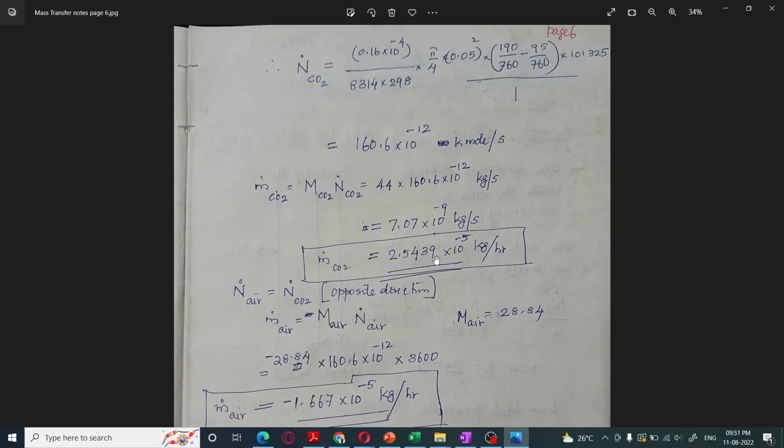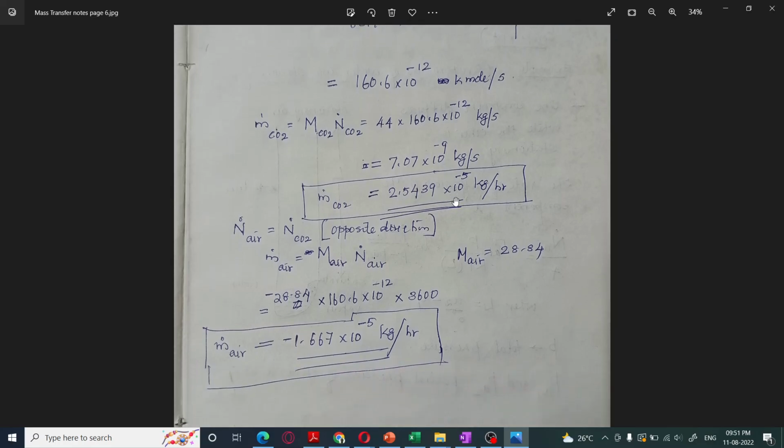So now I think the confusion with the molar rate and mass rate is clear. We can use Fick's law of diffusion in terms of mass or in terms of moles. But remember that in equimolar counter diffusion, only the mole rate will be the same in magnitude but opposite in direction.